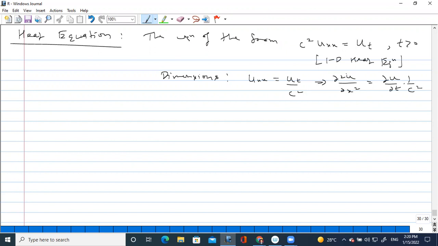Here the dimension of u you leave like this, because it gives you the temperature profile. In the wave equation you have seen that u is the displacement, depending upon position and time. But here in the heat equation, u of x, t is the temperature at different position and time.